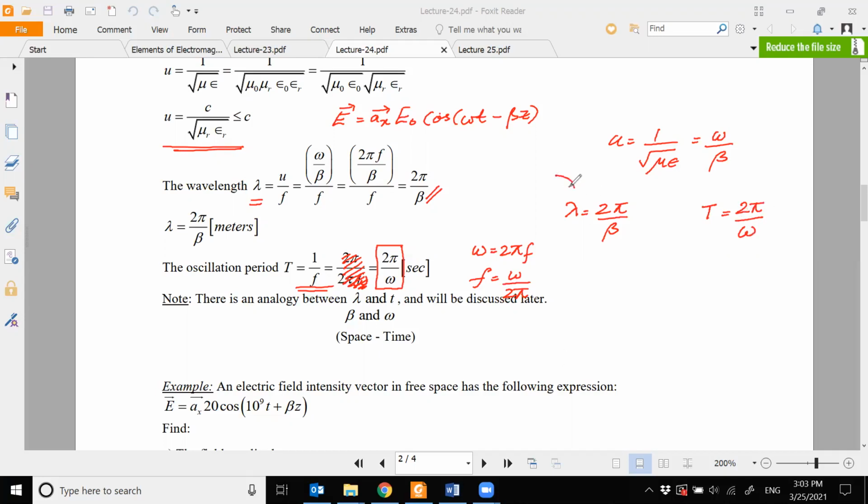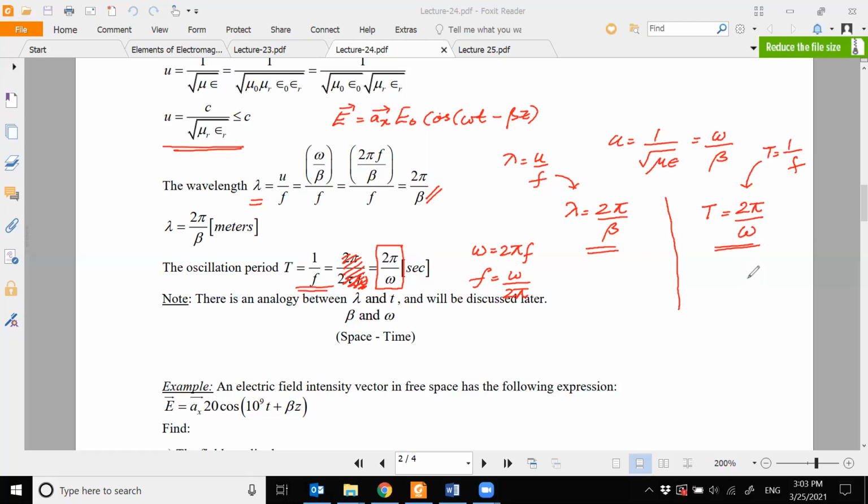Of course, here you also have the expression lambda is u over f. And here also you have time is equal to 1 over f. Now there is an analogy, a similarity between them. This we have been using several times in our electric circuits, and this is what we defined as angular velocity.